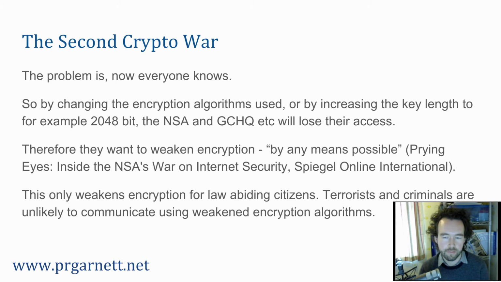And it's reasonable to say that this only weakens encryption for law-abiding citizens. So terrorists and criminals are unlikely to communicate using government-sanctioned weakened encryption algorithms. And we've already seen examples of organizations like self-named ISIS.